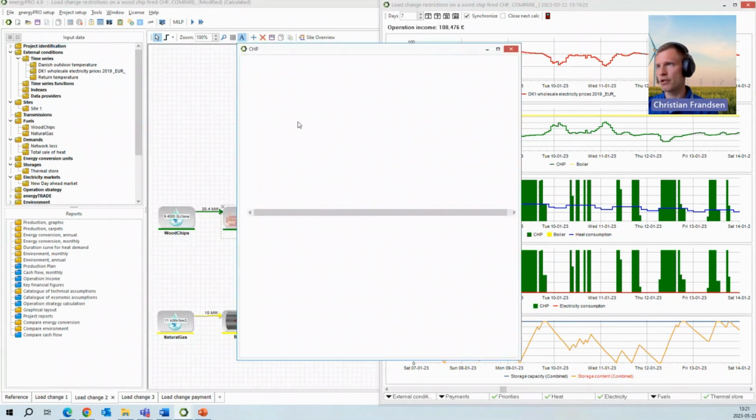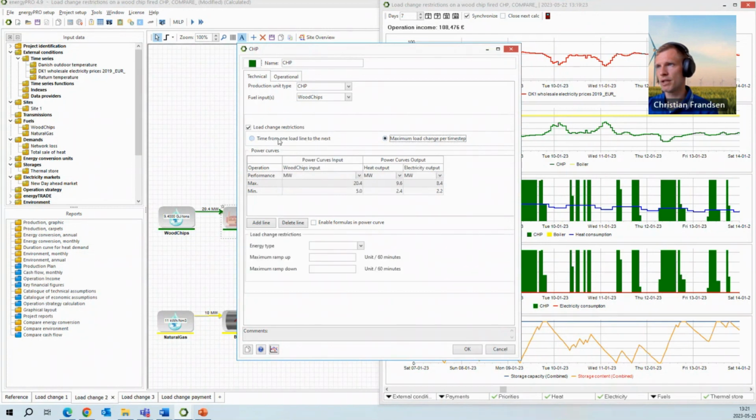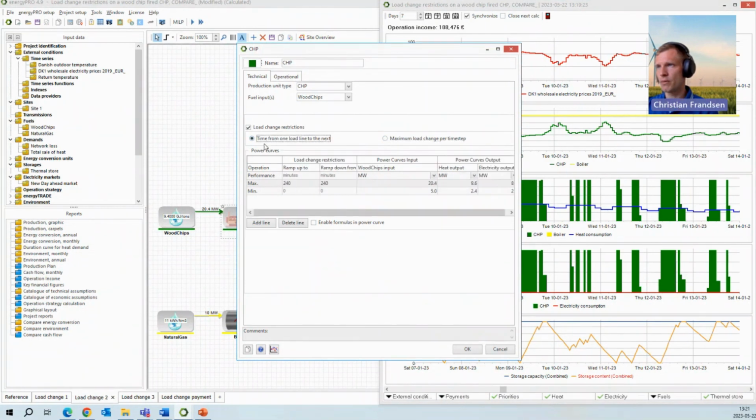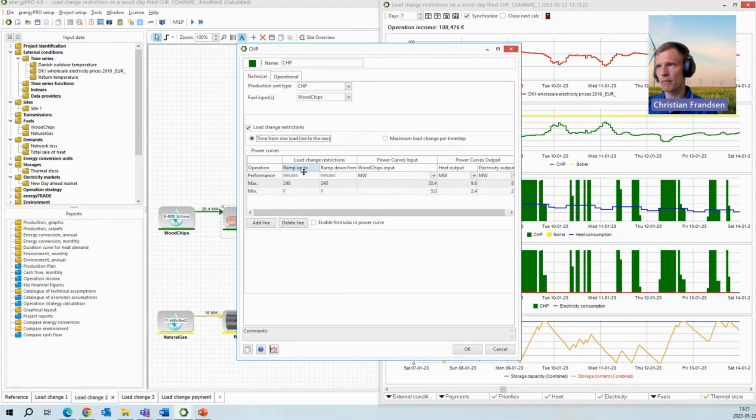The difference between this option here and this one here, is that here we are able to specify this ramp up speed at different loads, whereas the other one is a constant one, all the way from the minimum load and to the maximum load.